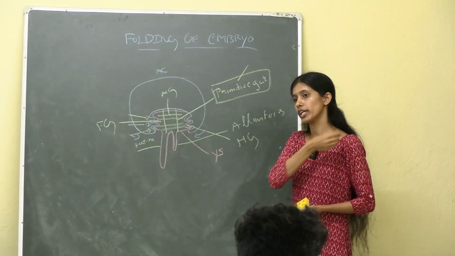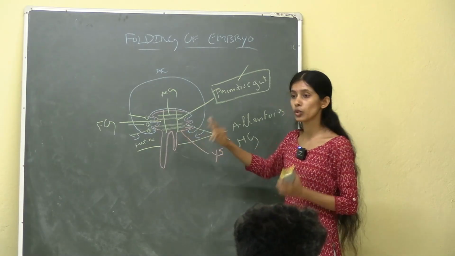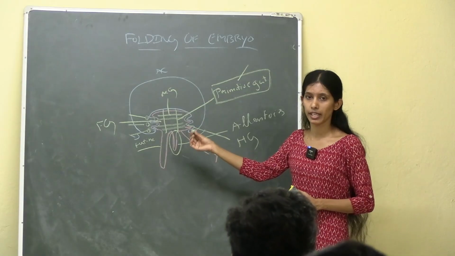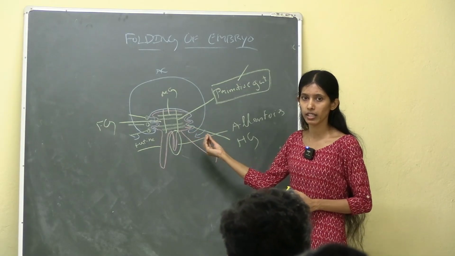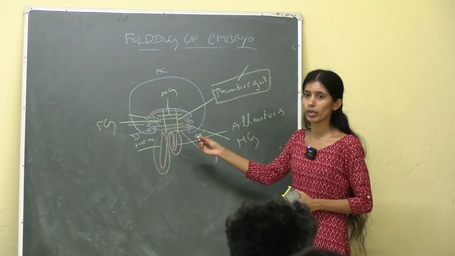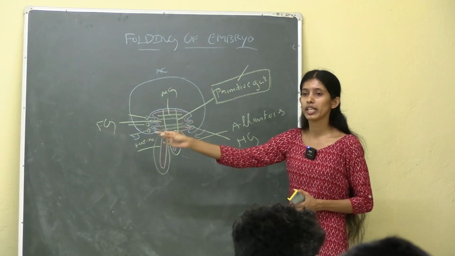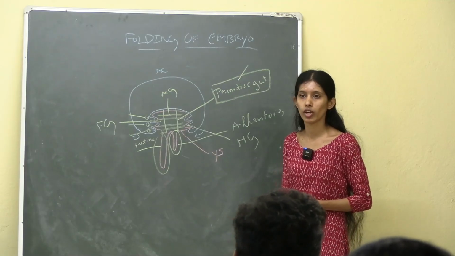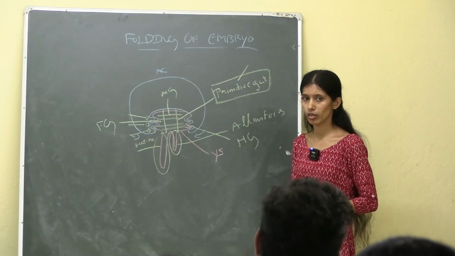Another way is: the area into which your allantois opens is called hindgut. The area into which your vitelloint­estinal duct opens is called midgut, and the remaining one is called foregut. That is another way to describe the parts of your primitive gut. Okay.